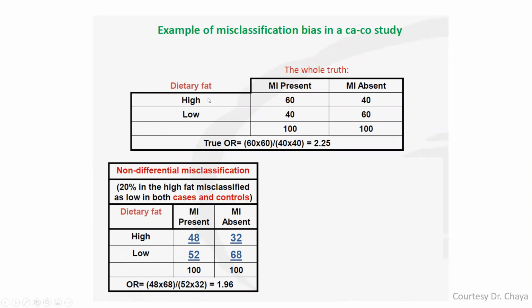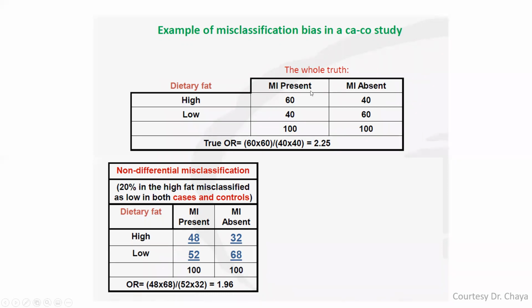So let's say that my exposure is dietary fat. I have a food frequency questionnaire that I administer to my subjects. At the end, I made a score and I categorize them as high dietary fat intake and low dietary fat intake. And my outcome is myocardial infarction, present and absent. So it's a case control study.